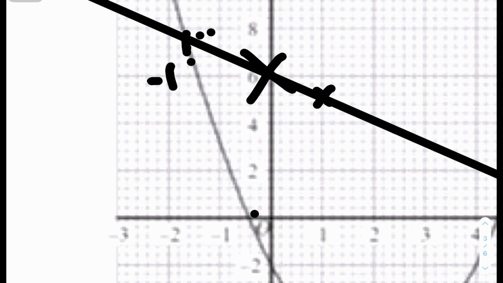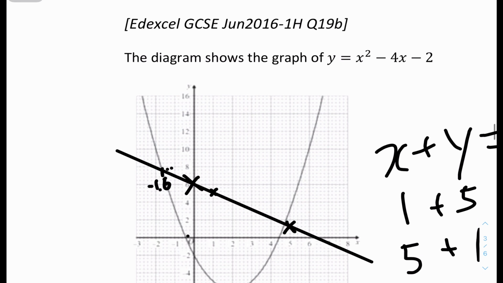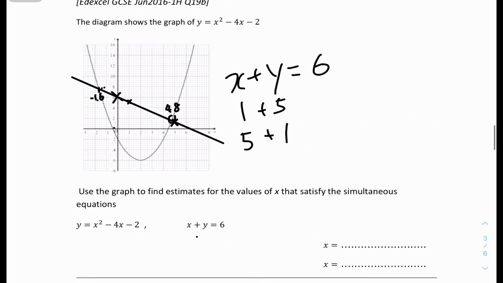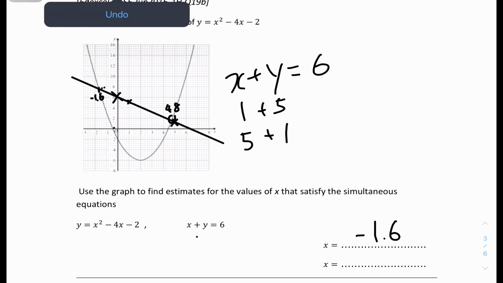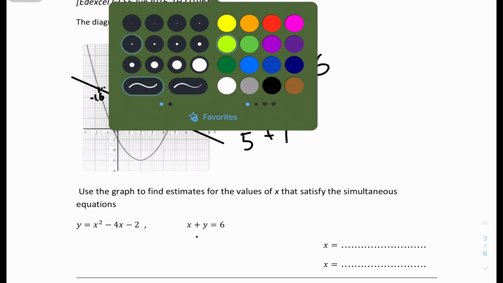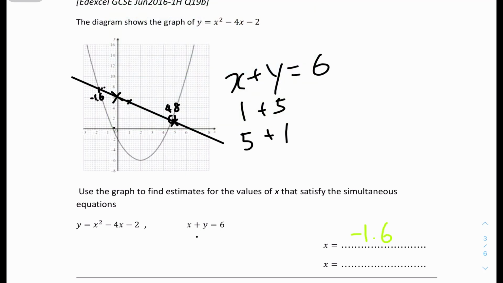So that's number 1, negative 1.6. And the other will be around 4.8. So that's 2 points: when x equals minus 1.6 and when x equals 4.8.